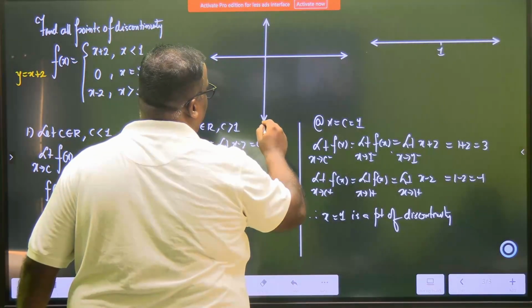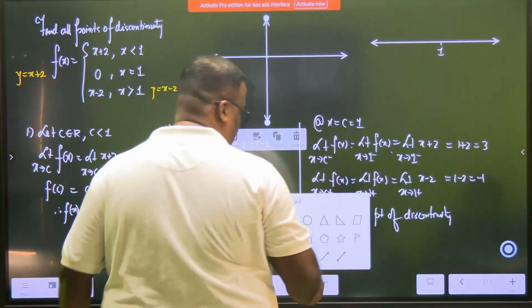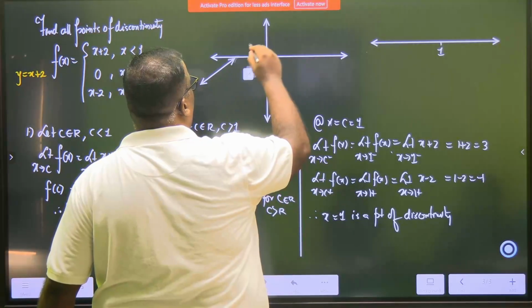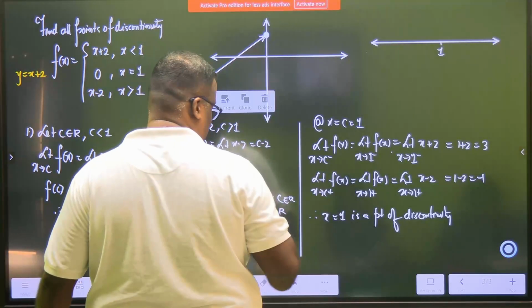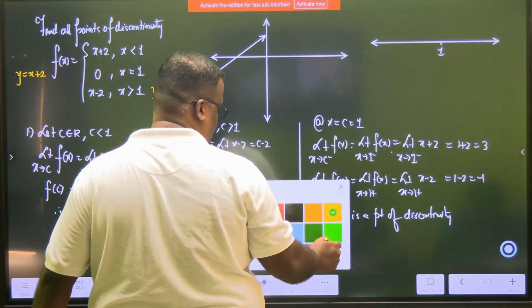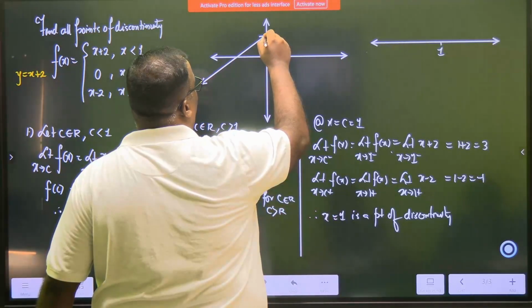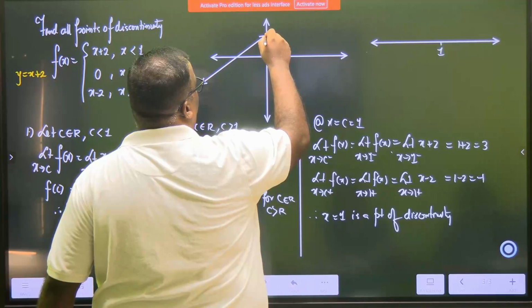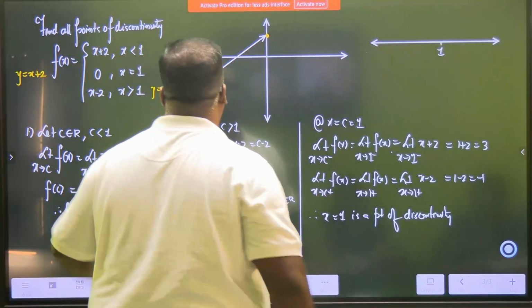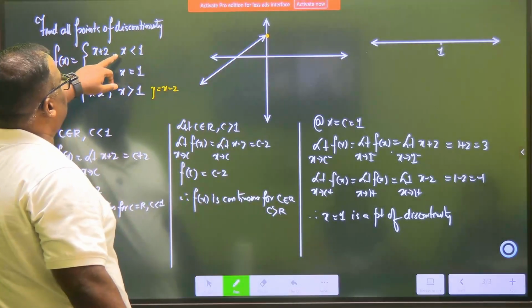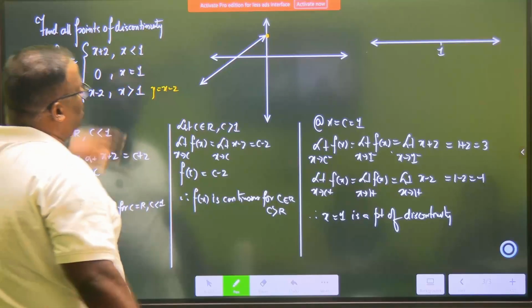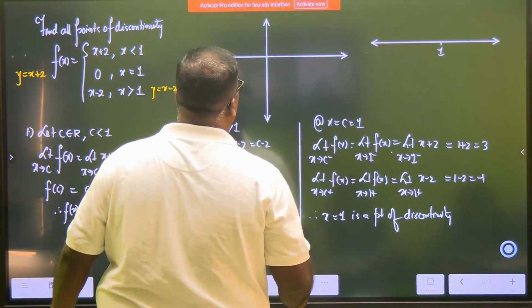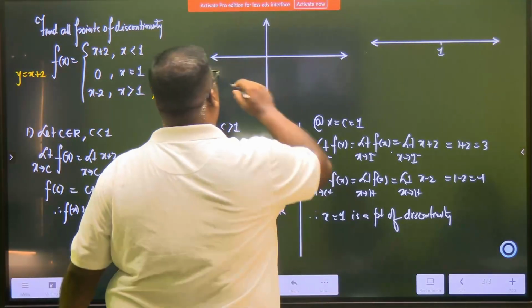Don't memorize anything. The first graph went wrong because the first graph will be like this. This point is 2. It will touch this point for all x less than 1. For all x less than 1 means we should have extended it up till here.